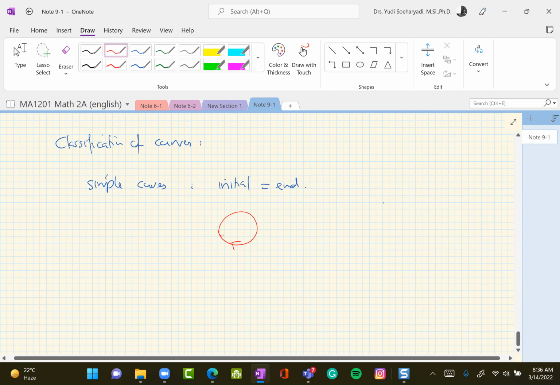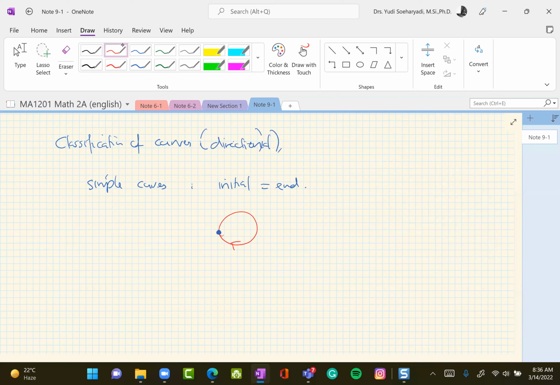And what we call curves here is always oriented. So it has an orientation, a direction. Sorry, oriented, directional. So it has this arrow sign here. Initial and endpoints, and this is simple also.